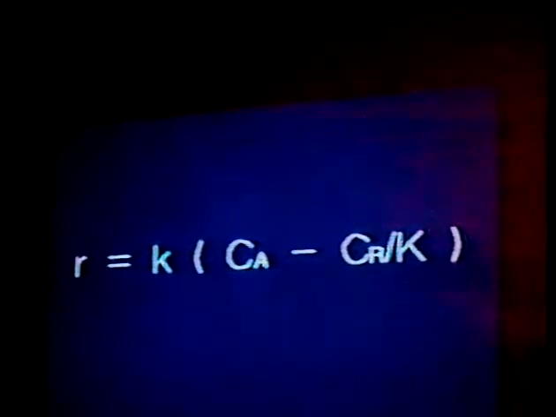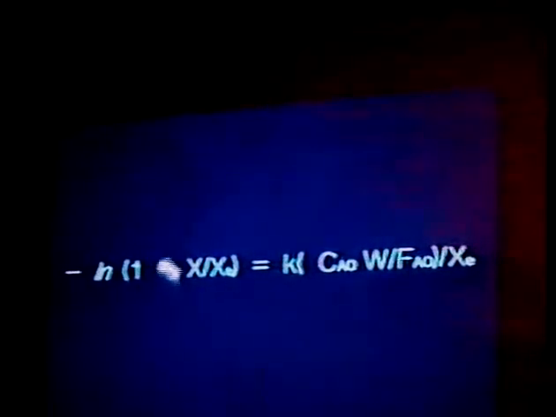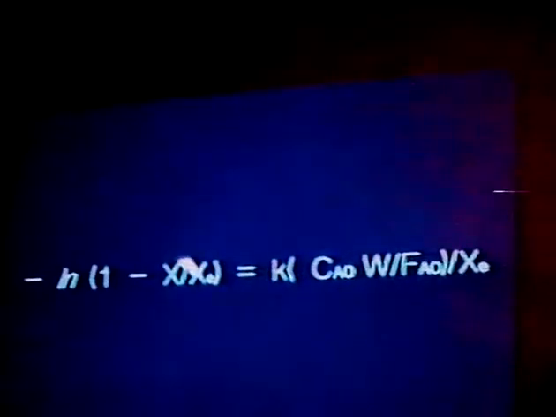Of course, in running our plug flow reactor, or a reactor that closely approximated plug flow, the integrated form of this equation is shown here, with X being the isobutylene conversion, Xe the equilibrium conversion, and then CaO W over FaO representing the space-time based on catalyst mass, and Xe again the equilibrium conversion.